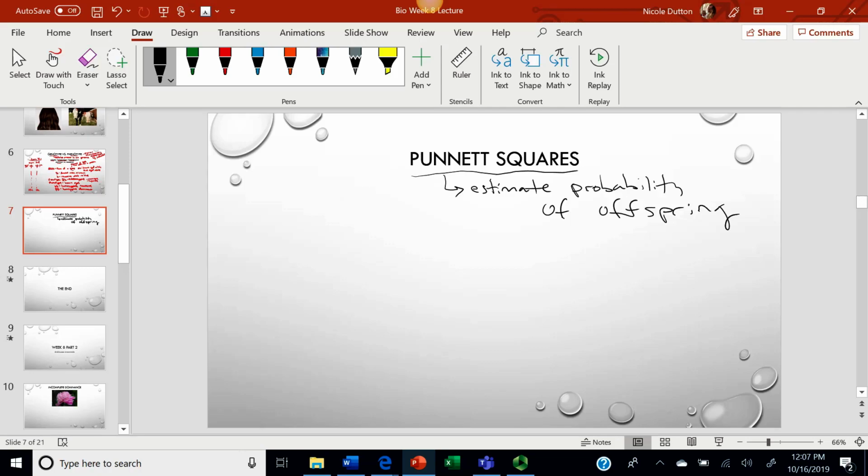Let's start with a simple example that's talking about the inheritance of a recessive trait. So we have fur color. If we are talking about a random species of animal, let's say that brown fur is dominant, white fur is recessive.